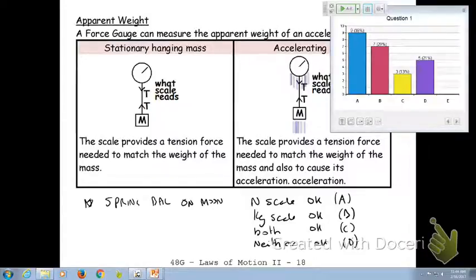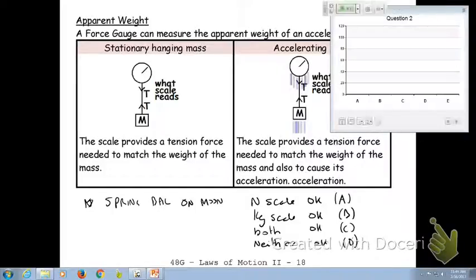And so the length of the spring depends upon the force it feels. So if you're in a place with a lot of gravity, it will feel a big force, and it will be right. And if you're in a place with a little bit of gravity, it will feel a small force, which is right. Yeah? So vote again.